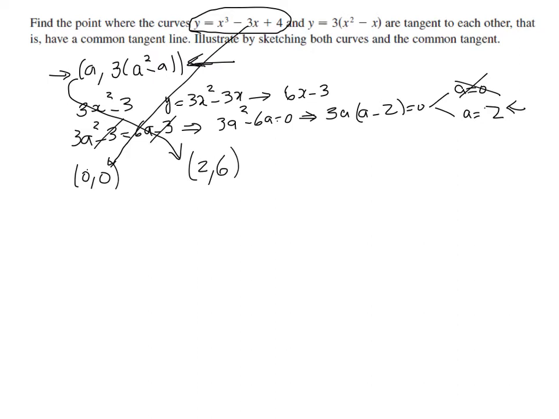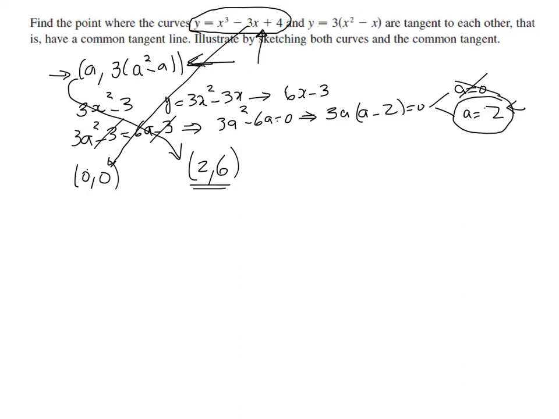Now let's check to see if this point is on the first graph. When x is equal to 2, 2 cubed is 8, minus 6 is 2, plus 4 is 6. So this is okay. Now the second graph, if I put x equal to 2, 2 squared is 4 minus 2 is 2, 2 times 3 is 6, so this is okay. So this means that a has to be equal to 2.